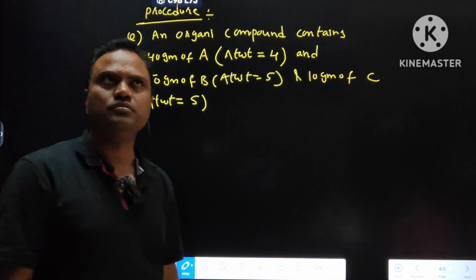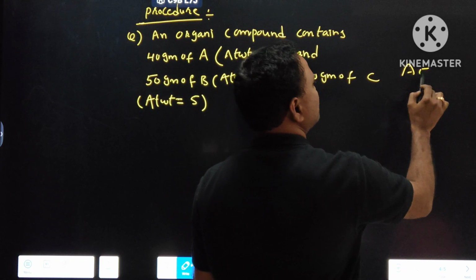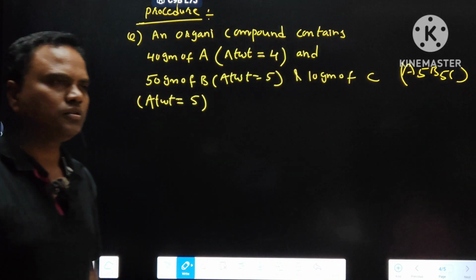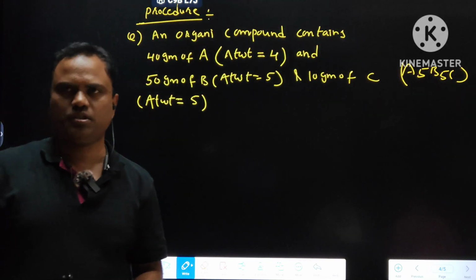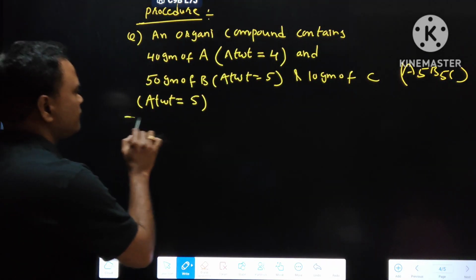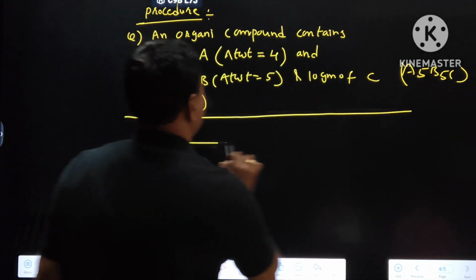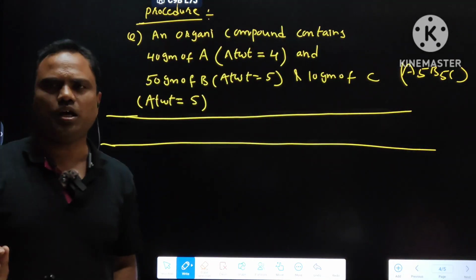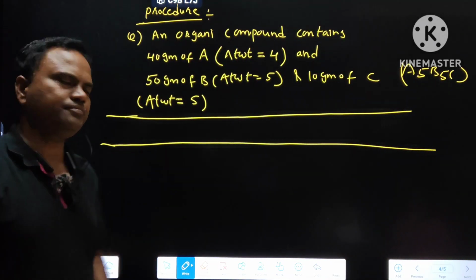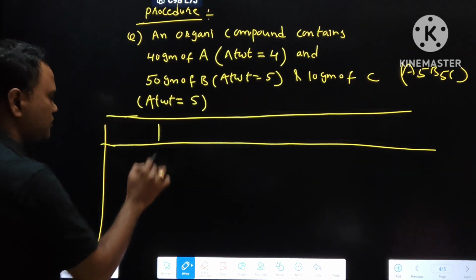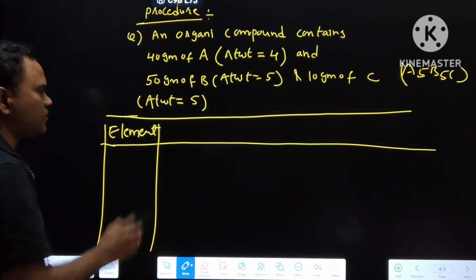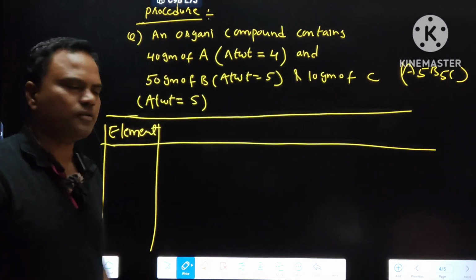Answer is A5, B5, C. Your answer? Correct only? A5, B5, C. Okay. Let us check. See the procedure. You will get mostly 3 elements. 2 elements or 3. Okay, maximum 3. In first column, you have to write the element.